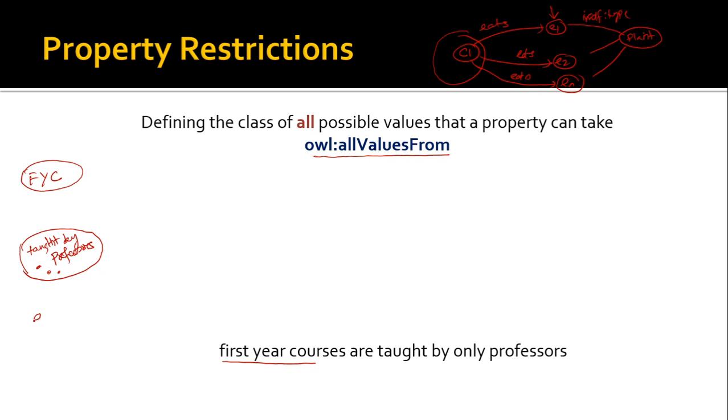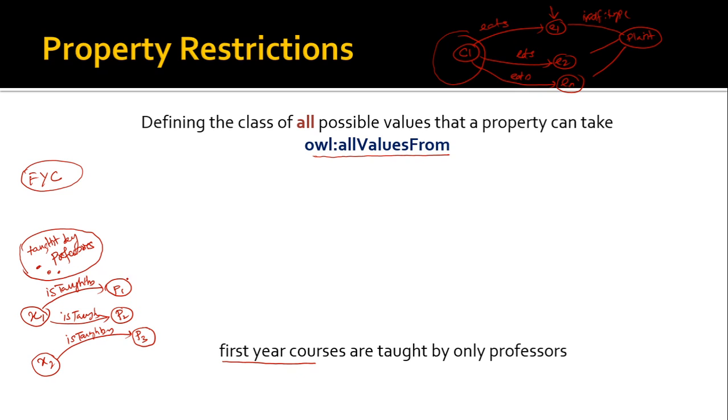So let us take this entity to be, say, x1, right? And this x1 is taught by, say, p1, and x1 is also taught by p2. You can have another x, say x2. Again, this x2 is also taught by, say, p3.